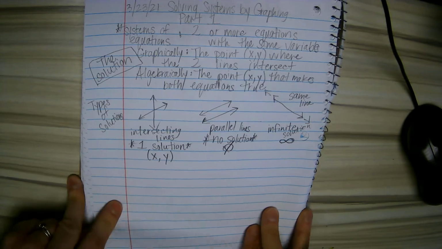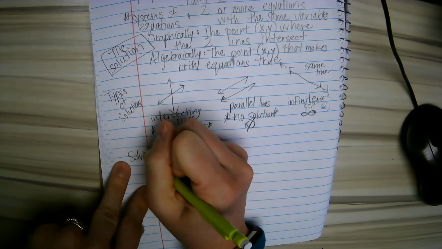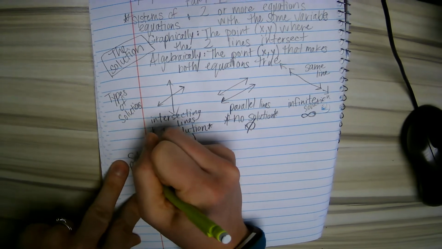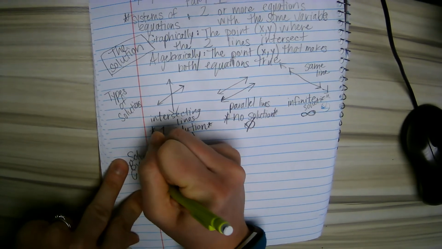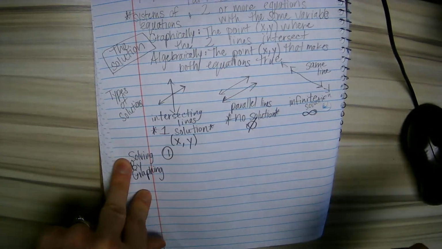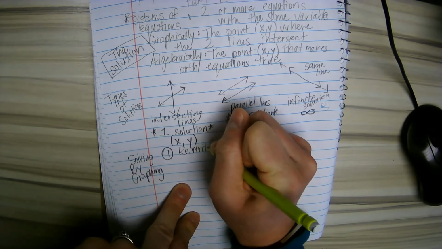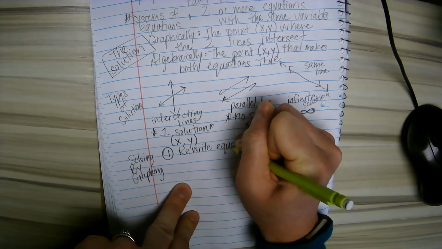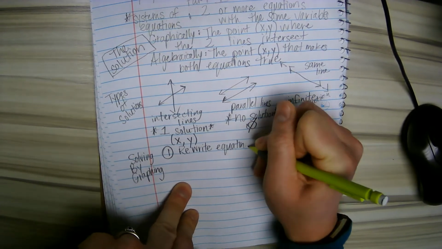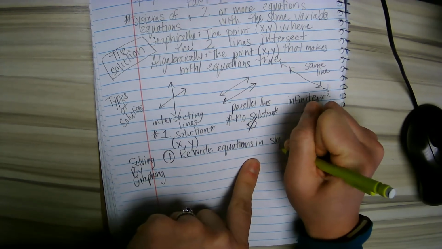Alright, so solving systems by graphing. Here are the steps. So we're going to rewrite equations in slope-intercept form.